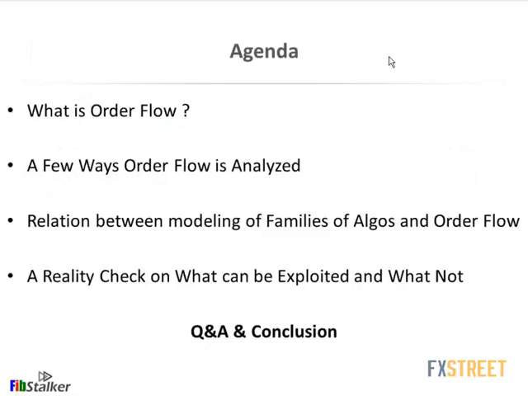So the presentation is going to be structured as follows. There'll be an introduction of what order flow is, a review of some definitions, and I will also show a couple of ways order flow is analyzed. Now, analyzing order flow can be quite complicated because, as I'm going to show you, modern markets do not allow easily for price transparency, which is what we want, right?